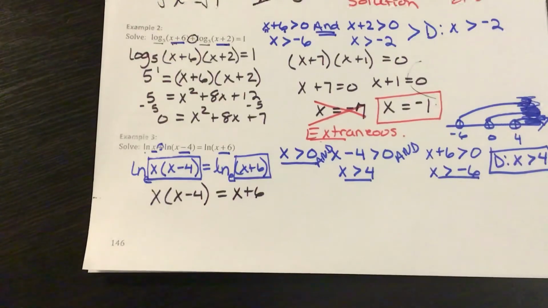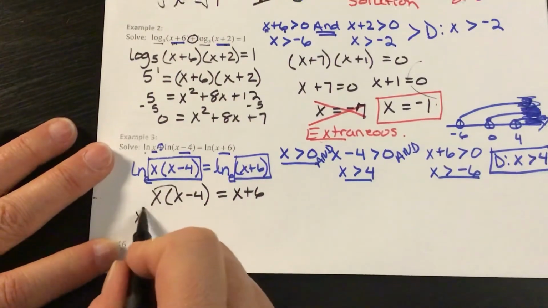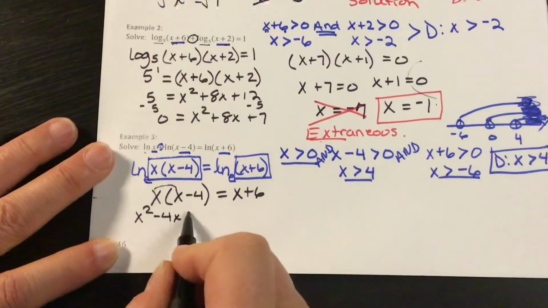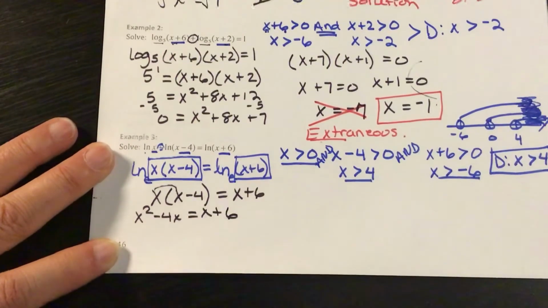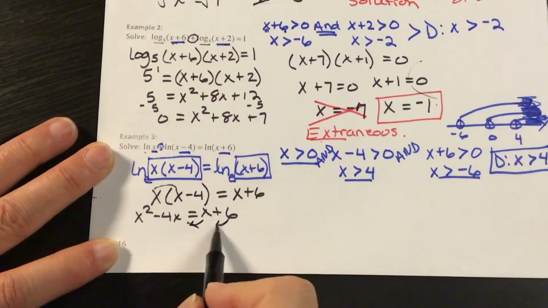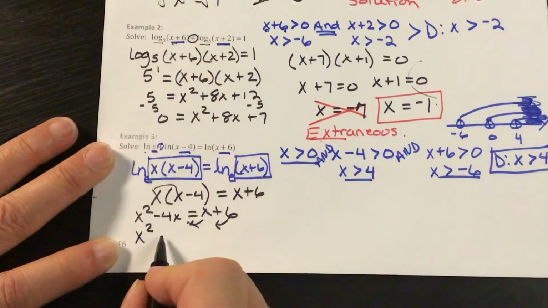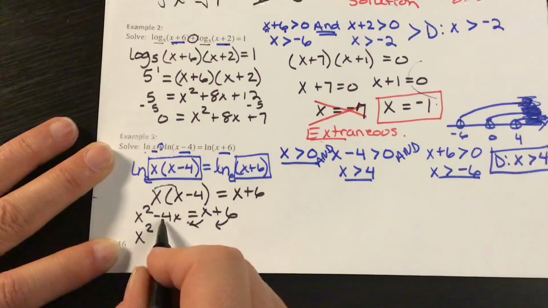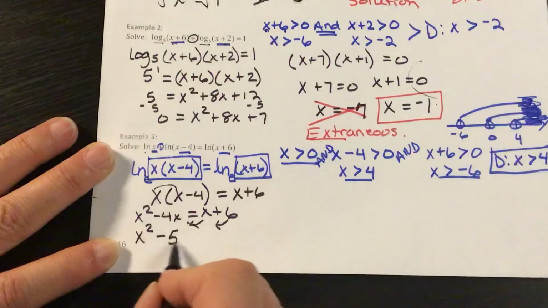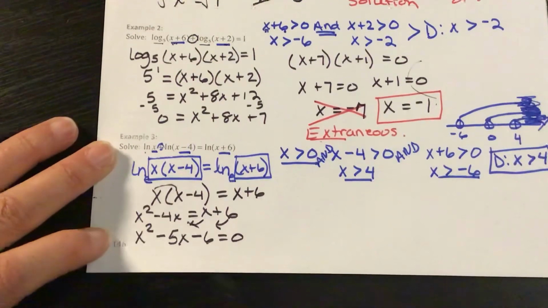And this is going to turn into a quadratic equation as well. So this is x squared minus 4x equals x plus 6. I'm going to subtract x and subtract 6 to get 0 on this side. So I have x squared minus 4x minus an x is minus 5x, and then minus 6 equals 0.